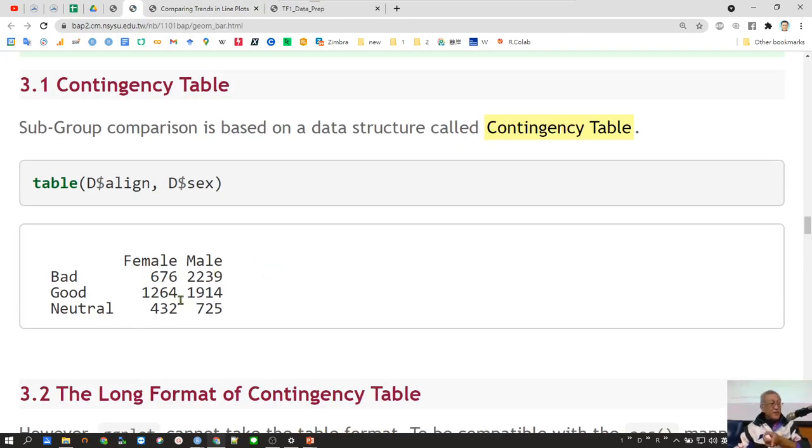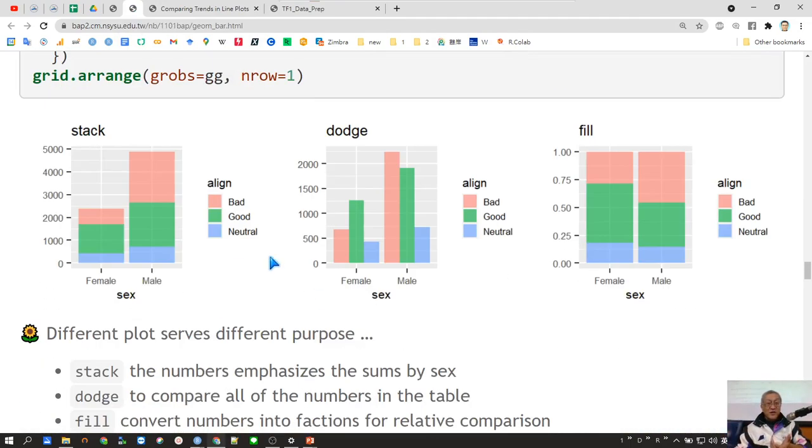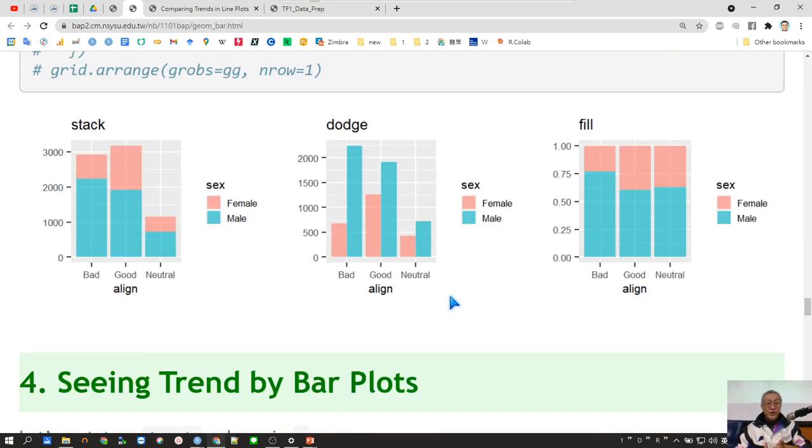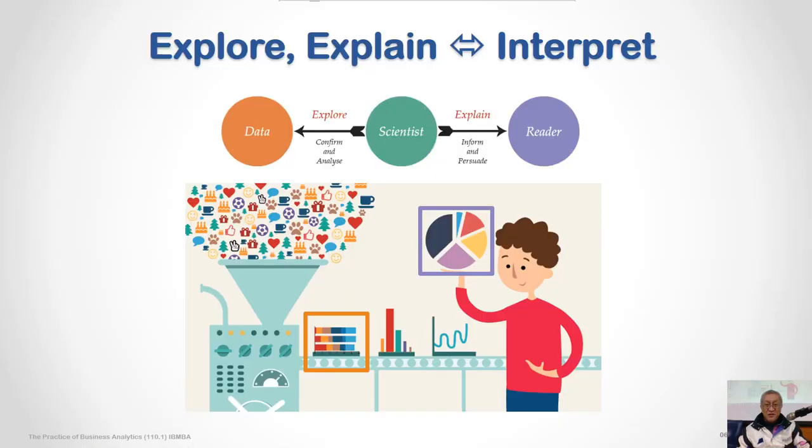This same data, six numbers, can be presented in six ways, depending on what you want to emphasize, isn't it? So this is not just objective data analysis.